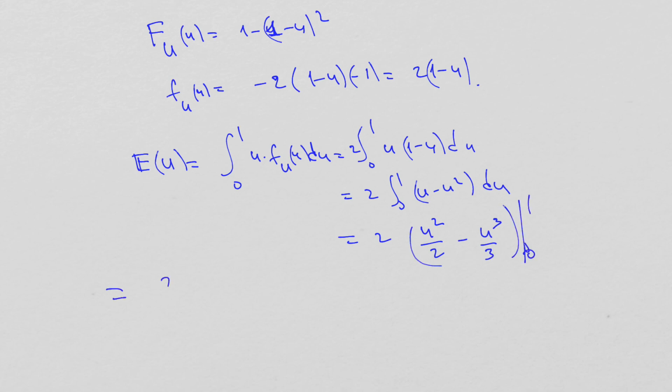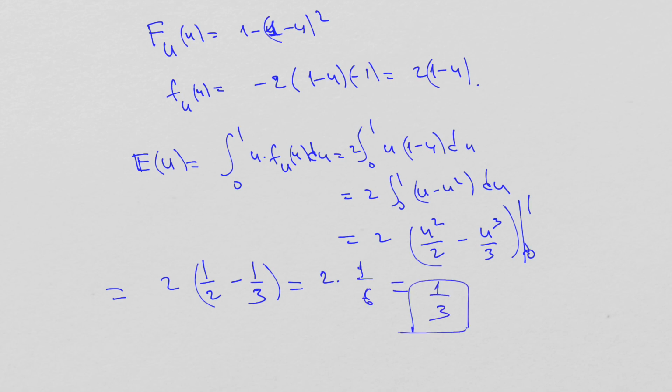This is telling me 2 times (1 over 2 minus 1 over 3), which is 3 minus 2 over 6, so 1 over 6 times 2, which is 1 over 3.